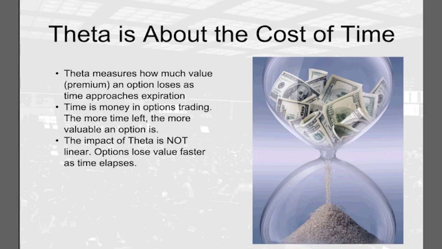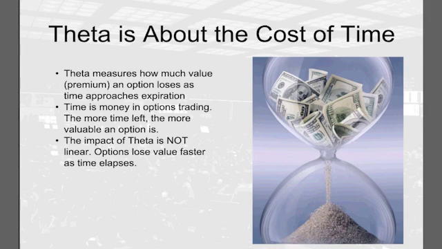Options theta can be a little bit confusing, but think of it like this. If you're long options, you have negative theta, meaning that your option loses some value every day, assuming all other inputs remain unchanged. Time decay is working against you.